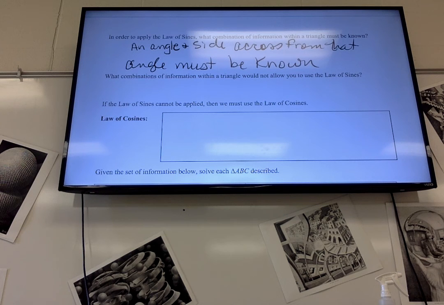So can you think of any combinations where you know three things, sides, angles, whatever, where you couldn't use the law of sines?